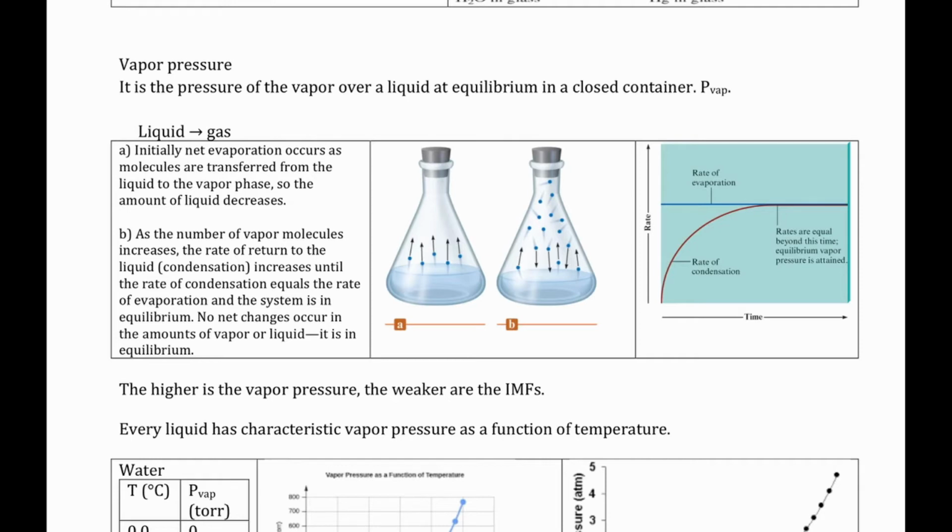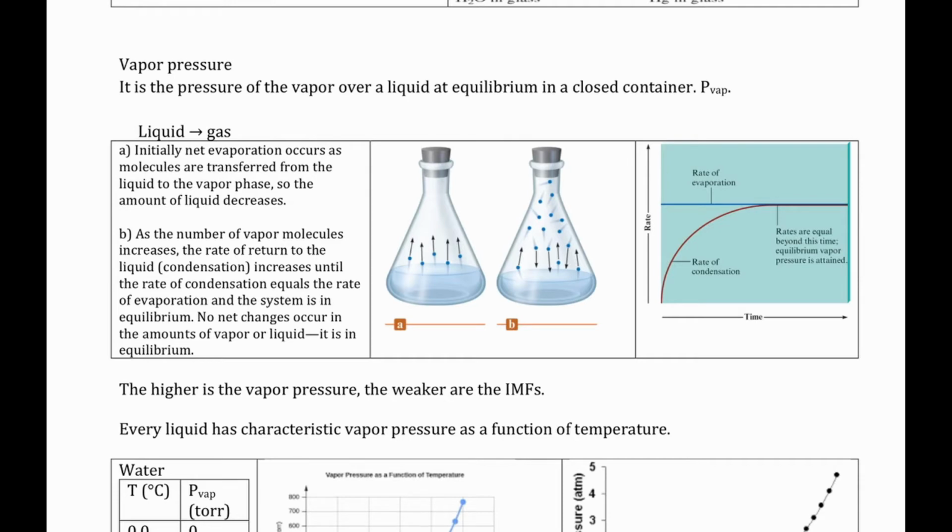So in our beaker A, initially net evaporation occurs. So we put a liquid in there, we seal it, and the molecules are just evaporating because there weren't any gas ones in there to start with. The amount of liquid will decrease a little bit.